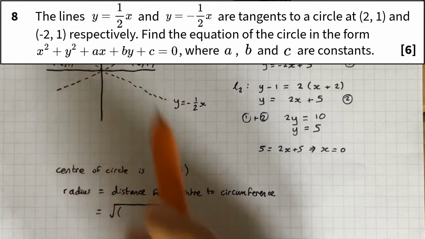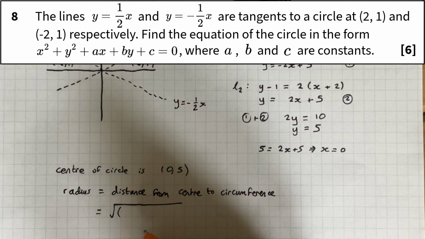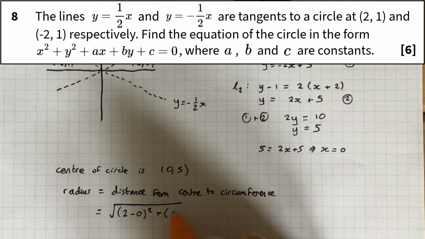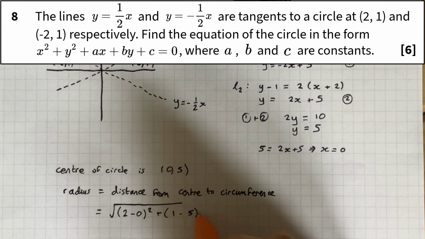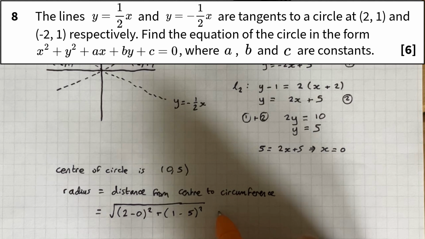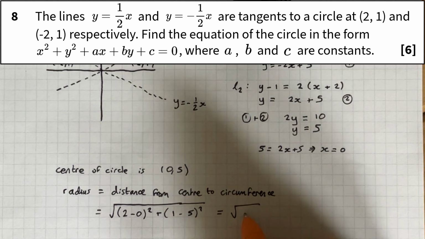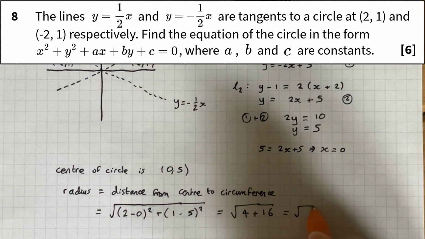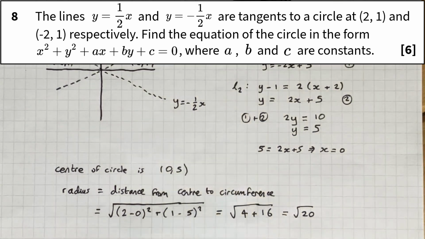So we're going to do the distance between the x coordinates, which is 2 take away 0, and the difference between the y coordinates, which is 1 take away 5. We're going to square those two, add them together, and chuck them under a big square root. 2 squared is 4, 1 minus 5 is minus 4, and when you square that you get 16, and when we add these together we get root 20. So the radius of the circle is root 20.